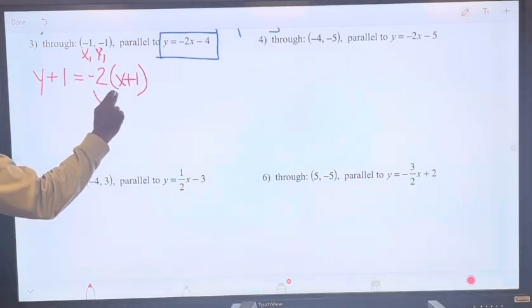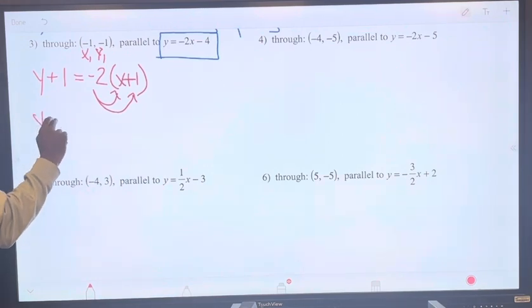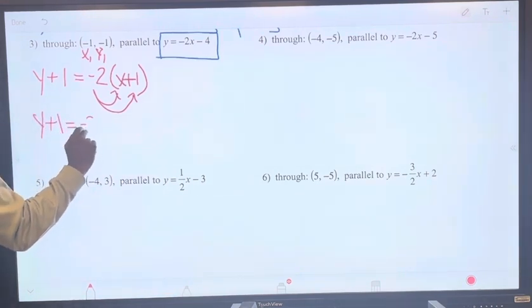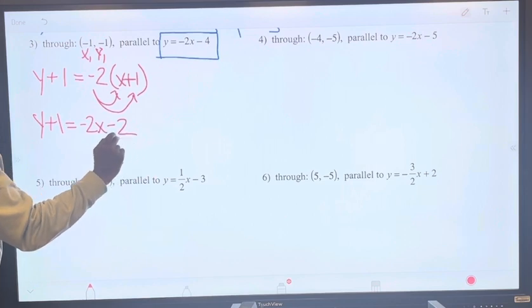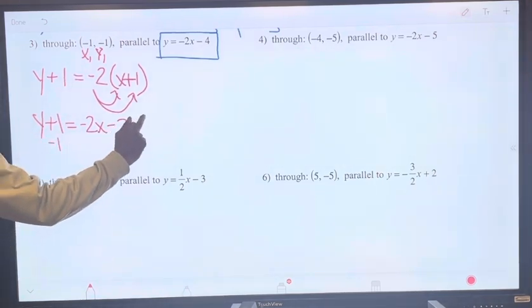Then we have to distribute. So this now becomes y plus 1 equals negative 2x minus 2. You then subtract 1 from both sides.